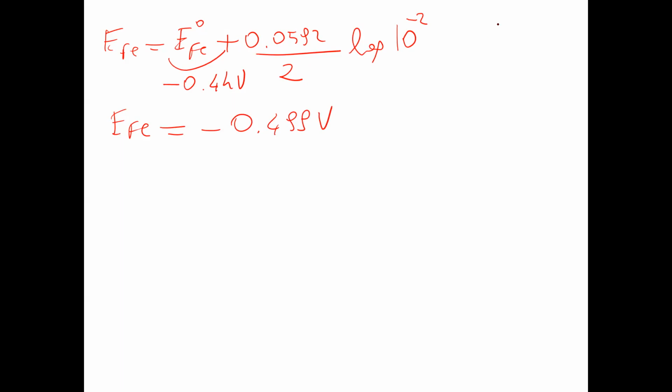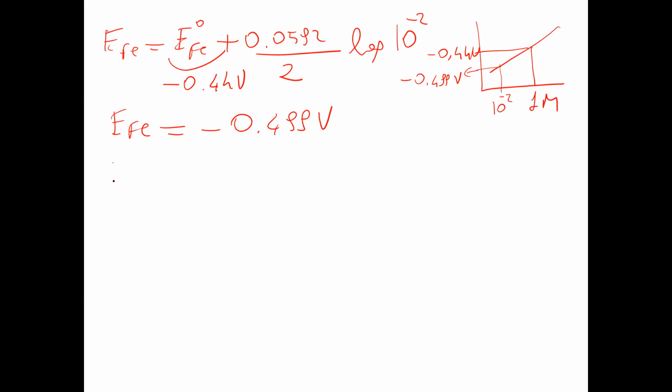Why? Because when we decrease the molarity from 1 molar to 10 to minus 2 molar as in this question, it drops to minus 0.499 volt, again using the Nernst equation.